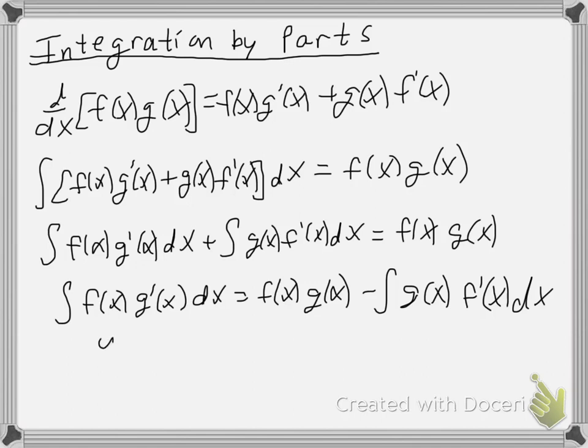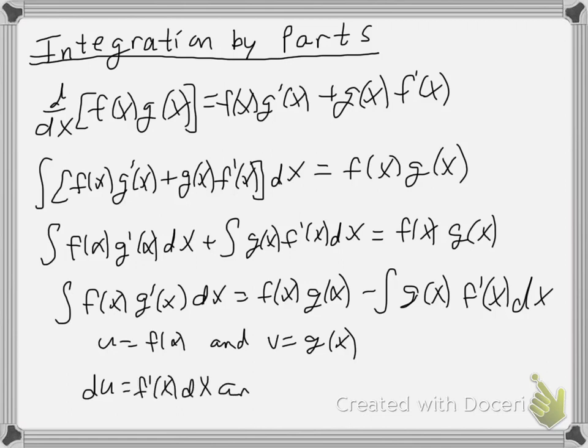If we let u be equal to f of x, and then if we let v be equal to g of x, then the differentials are simply going to be du equals f prime of x dx, and dv is simply going to be equal to g prime of x dx.